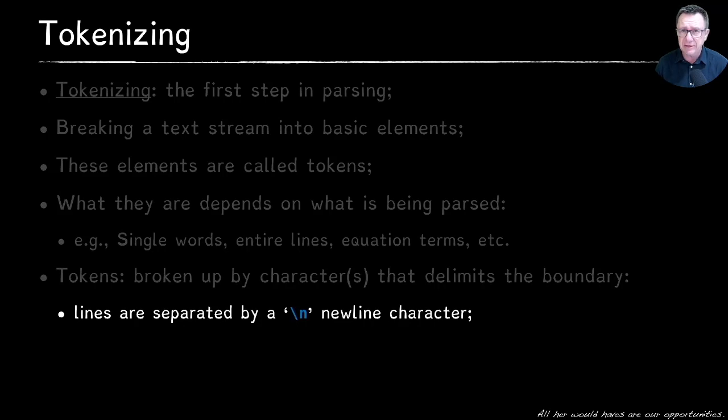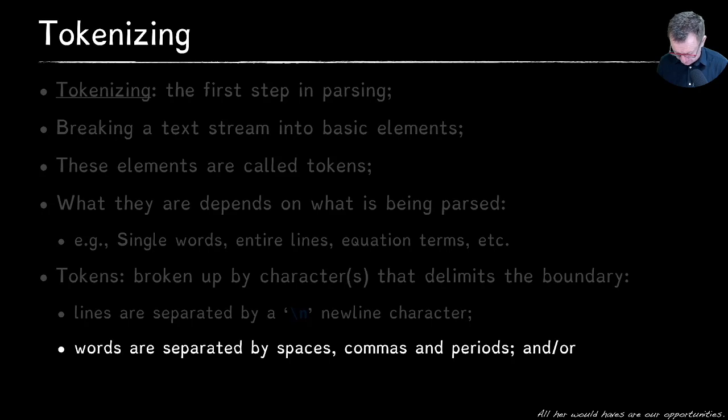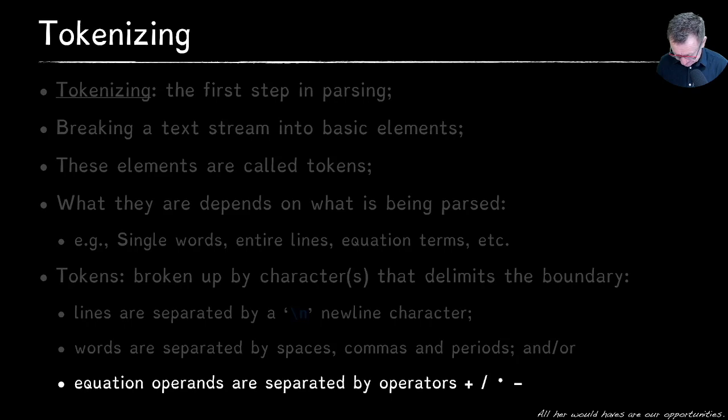The new line character is a fantastic point to delimit on, okay? Spaces that separate words are another brilliant delimiter, commas, periods, things like that, okay? These are the things that we can use when we start to tokenize, because we use them as delimiters and tokenize based on that.